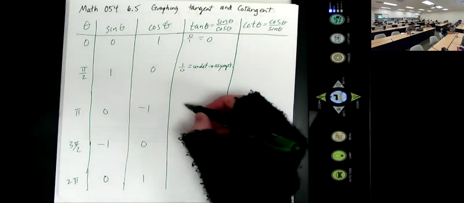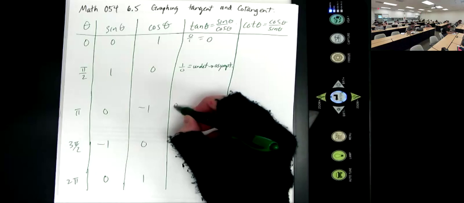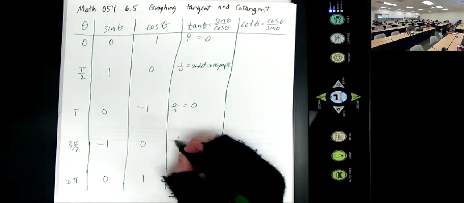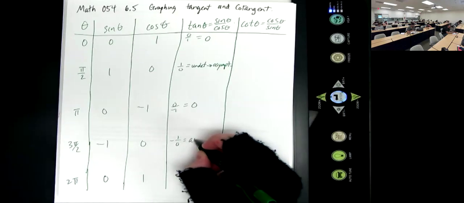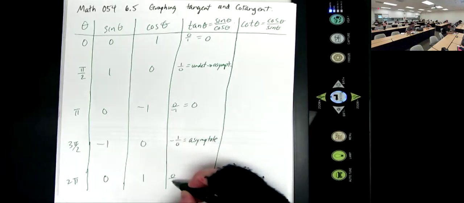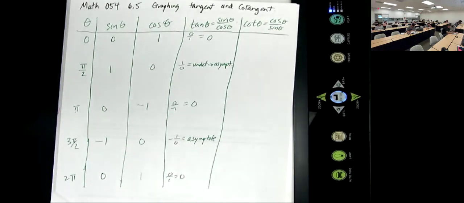If I do tangent, I've got 0 over -1, which is 0. -1 over 0 is an asymptote. And 0 over 1 is 0 again. We got either 0 or an asymptote. That's not a whole lot to work with on a graph.